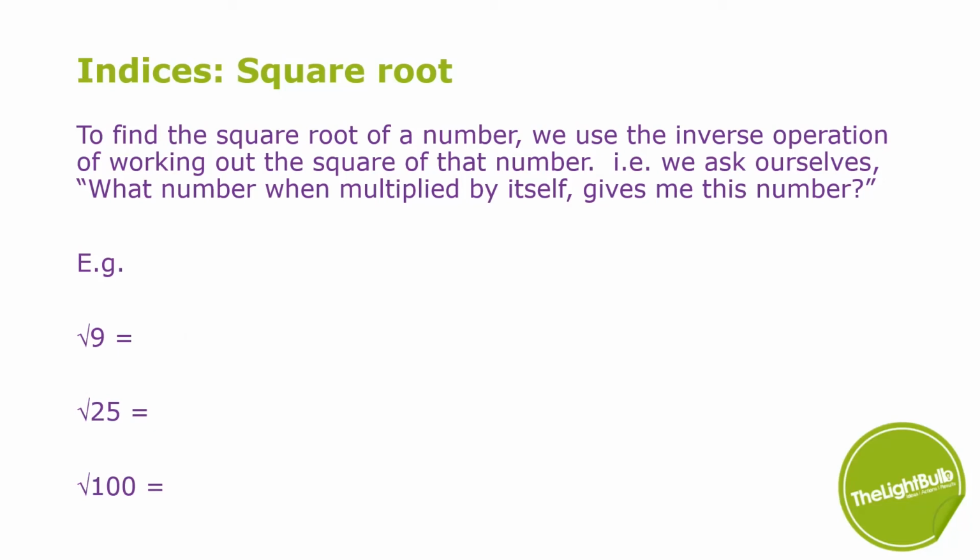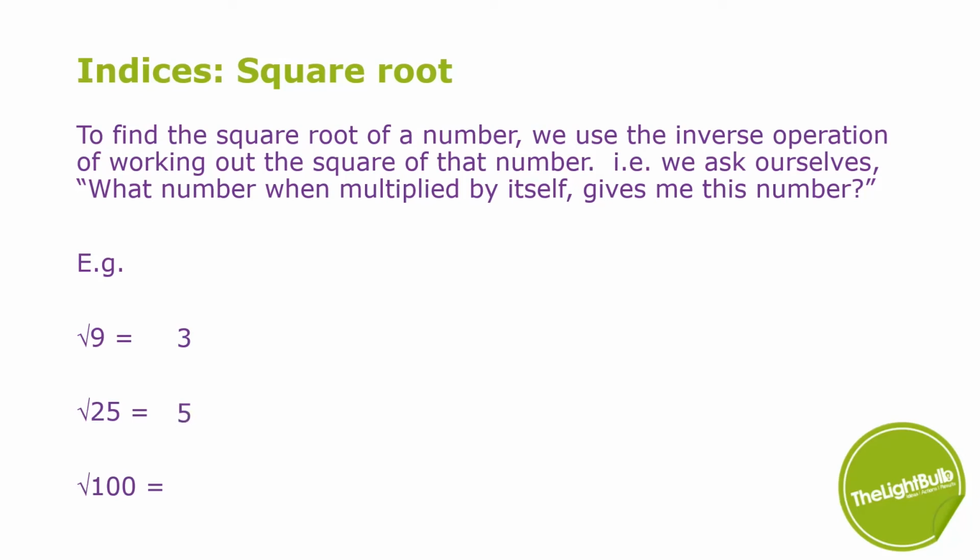So the square root of 9 is 3. Now, you may remember from our previous screen that when we square the number 3, we end up with 9. So 3 squared is 9, which means the opposite is true. The square root of 9 is 3. Let's try 25. What is the square root of 25?